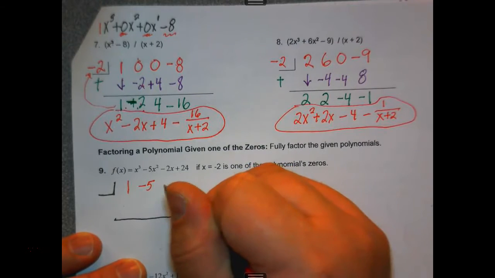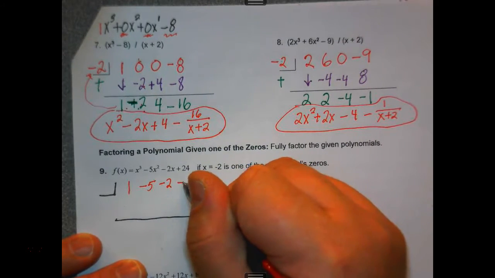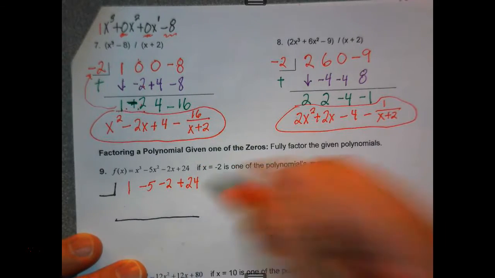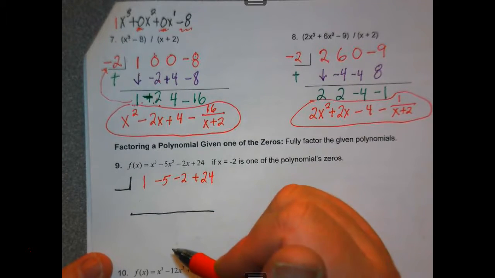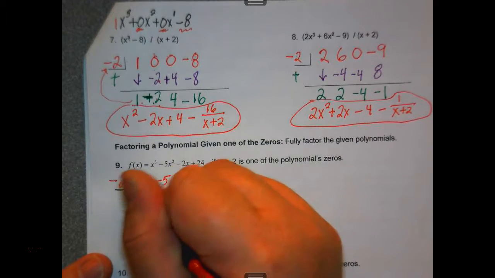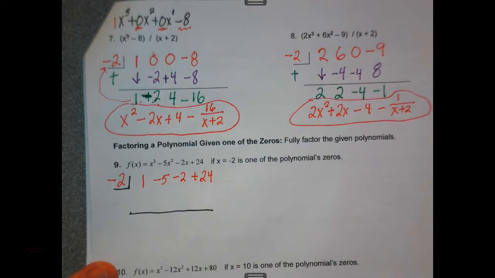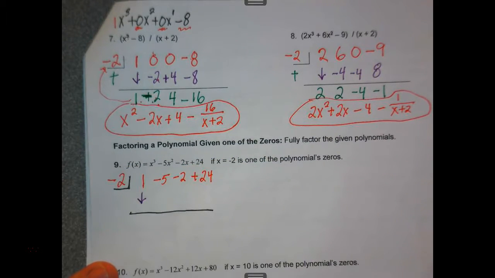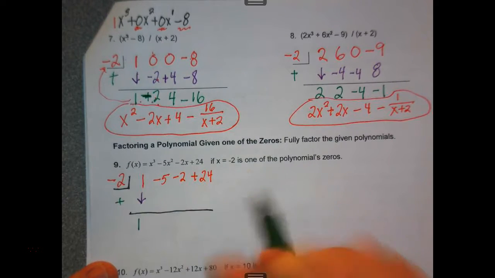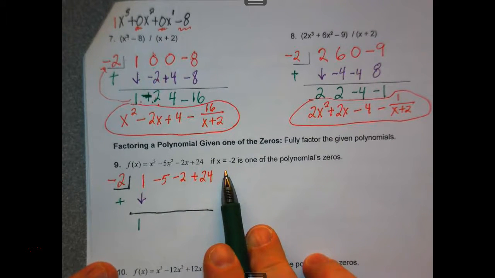Coefficient of x to the first. And my constant. What does x equal? Okay, bring down the first one, because it says it, it's already solved for.